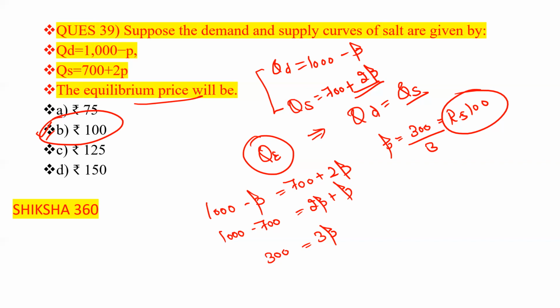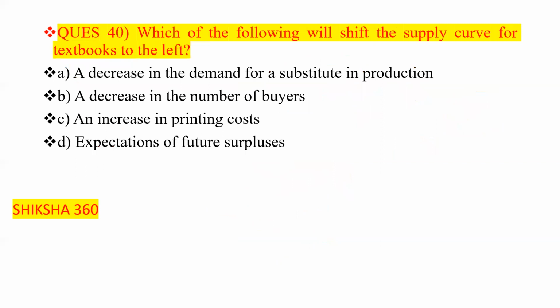Now move to the last question of our today's discussion. Which of the following will shift the supply curve for textbooks to the left? First of all, we will draw the supply curve like this one.